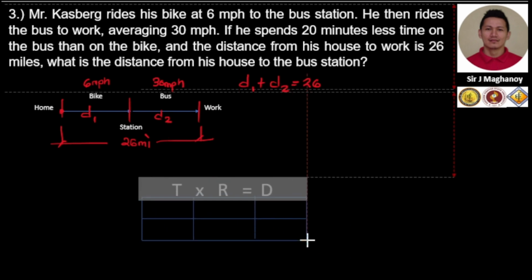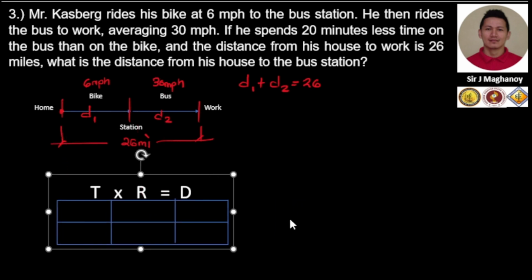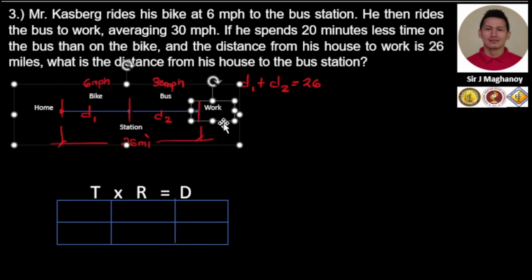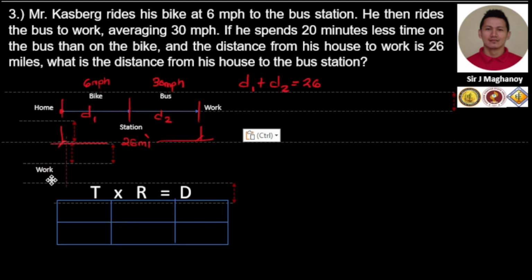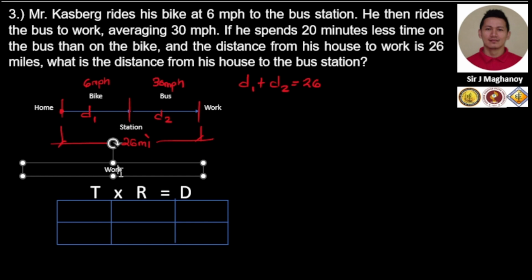In our time rate distance box, we need to set up the parameters of our equation. First, we let x be the time in hours from home to the bus station.